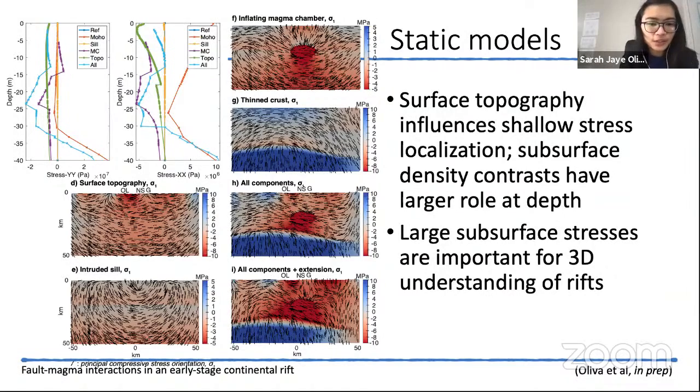Now for the Moho, as you can see in this plot, even though we're only introducing the perturbation at a depth of about 30 kilometers at the shallowest, and the unperturbed pre-rifting thickness at the edges is about 40 kilometers, this introduces a stress field above and below it.